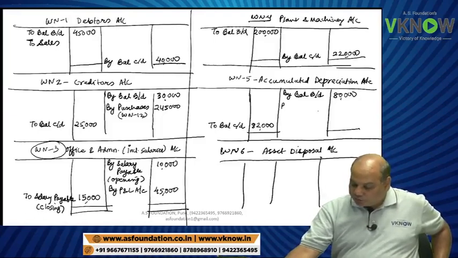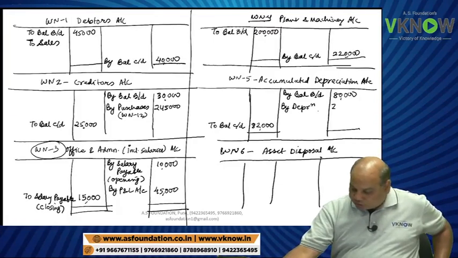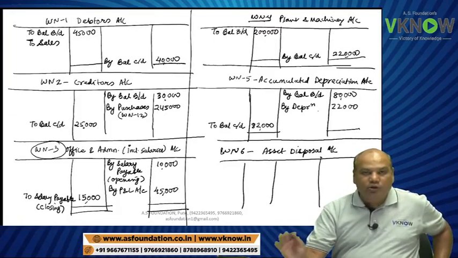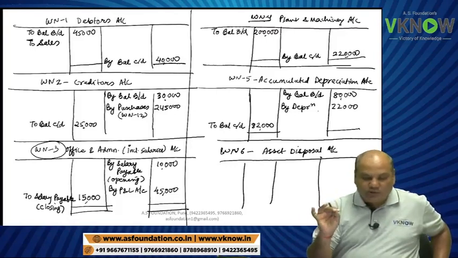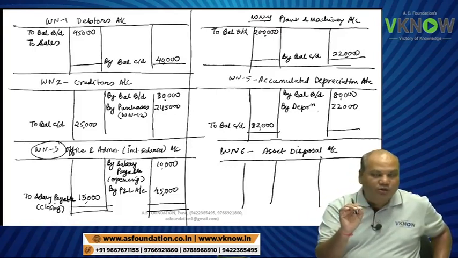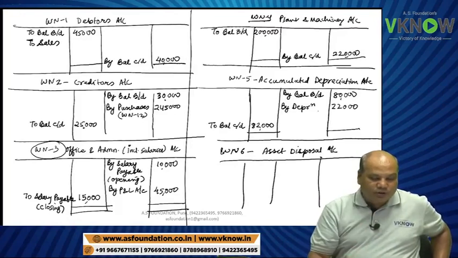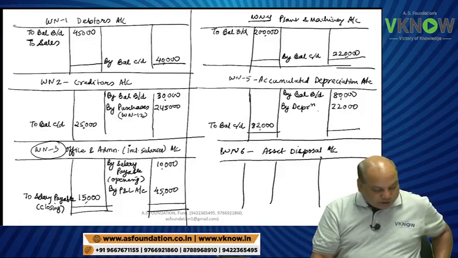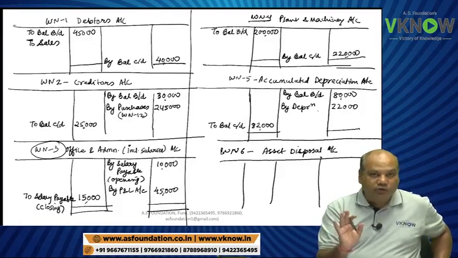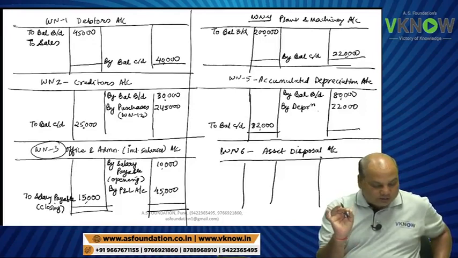So working note 5 credit side by depreciation 22,000. We will not write anything except what is appearing in the question right now. First spread the data, then we'll write balancing figure, otherwise we can miss something. Now next item is operating profit. Operating profit is not to be written, it is just a balance.